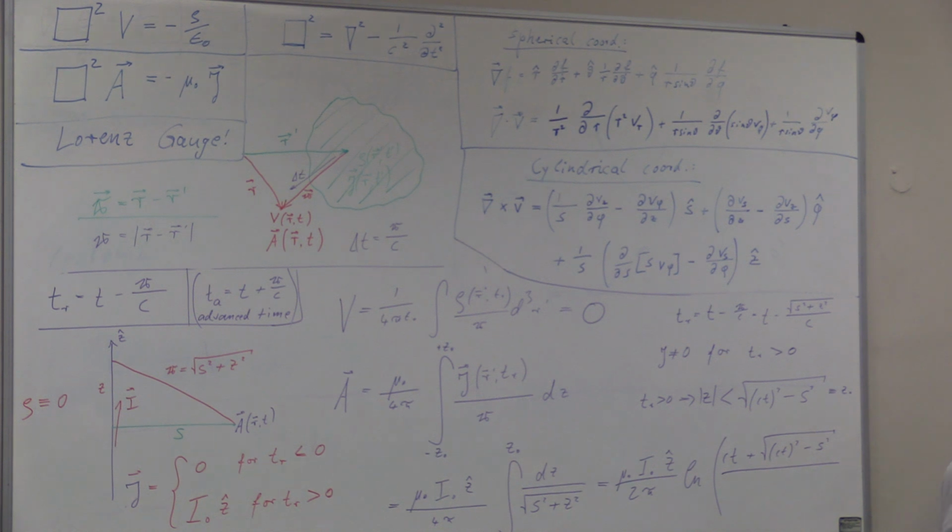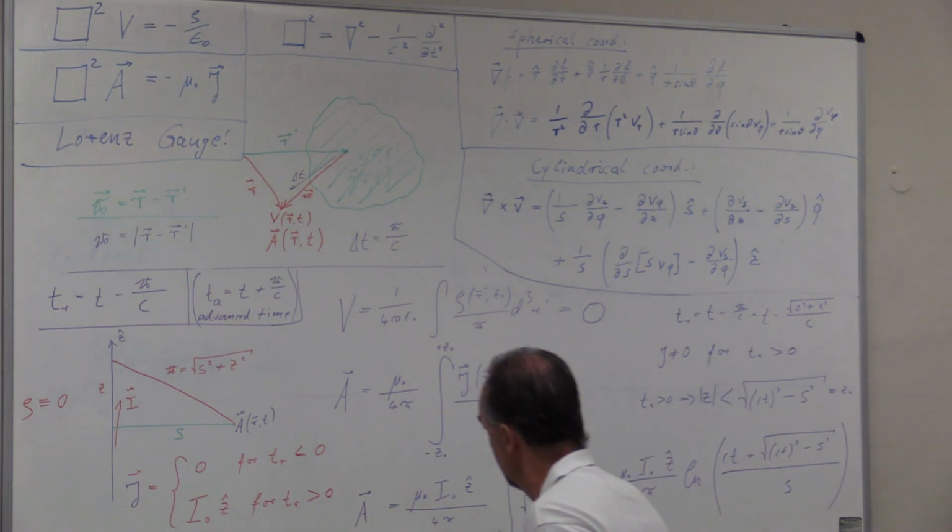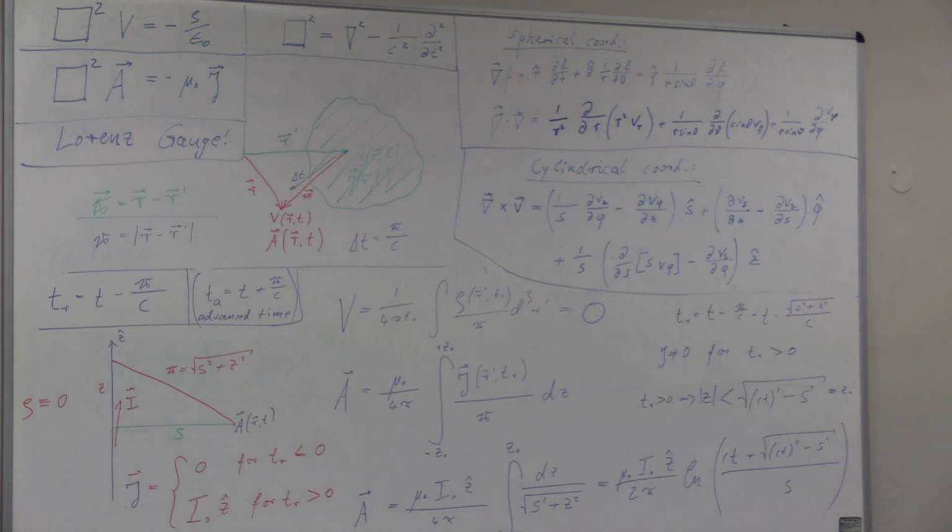Over s. Okay, this is our vector potential. I suggest we stay here. Everybody's done with this, and it's all in the book anyway.